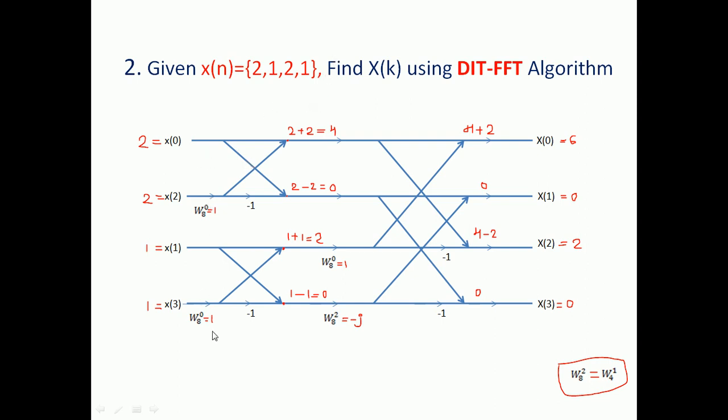We know this. This is 1 and this is minus j. Now we will get the answer for this: 2 plus 2 into 1, that is 2, 2 plus 2 is 4. At this point, this 2 minus 2, so you will get 0. 1 into 1 is 1, so you will get 2. So this is 1 and this is minus 1, you will get 0.